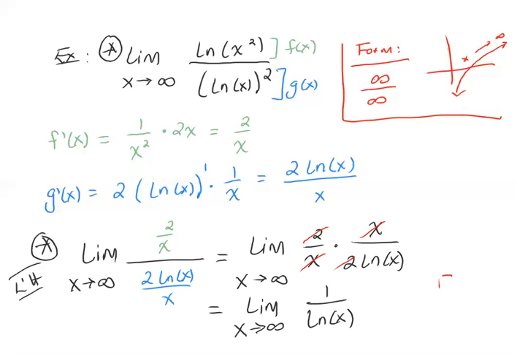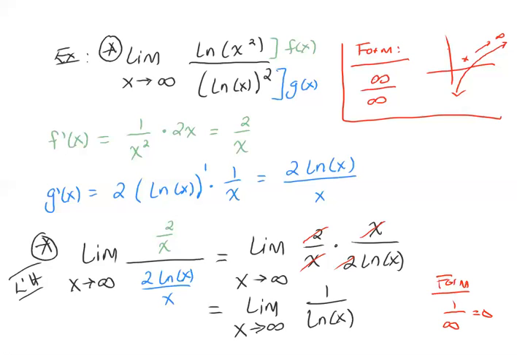The form of this is, let's see, I have a constant on top, which is 1, over the limit as x approaches infinity of natural log of x, which again leads back to this graph on the top right. As x approaches infinity, natural log of x also approaches infinity. So it's 1 over infinity, which I know is 0. I know how to evaluate that.